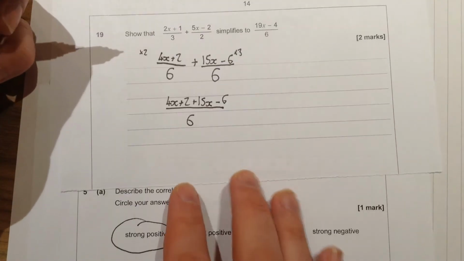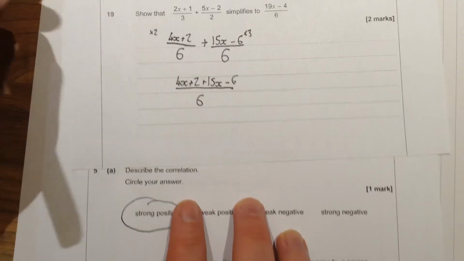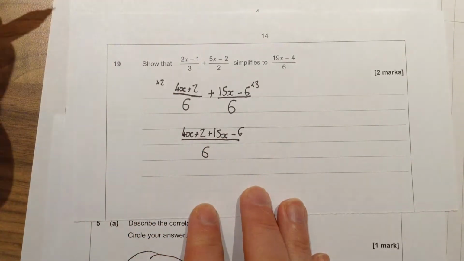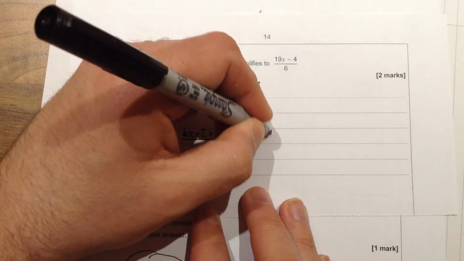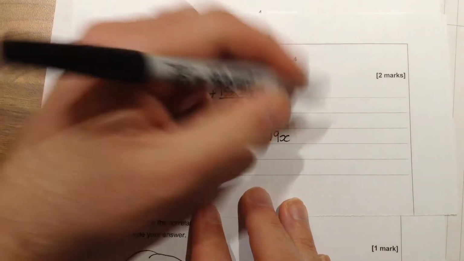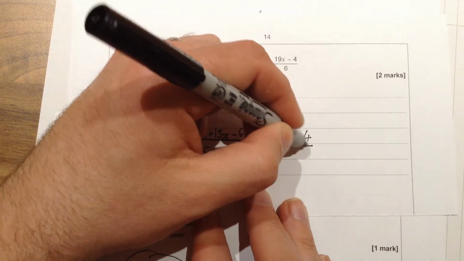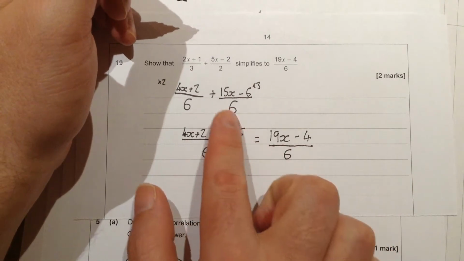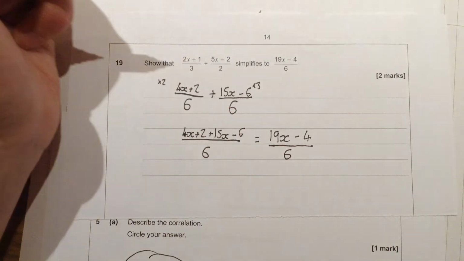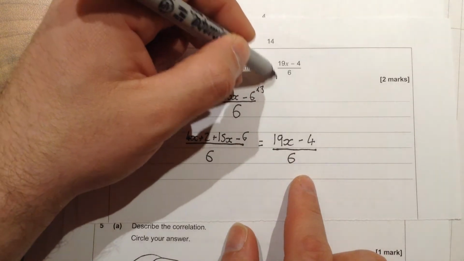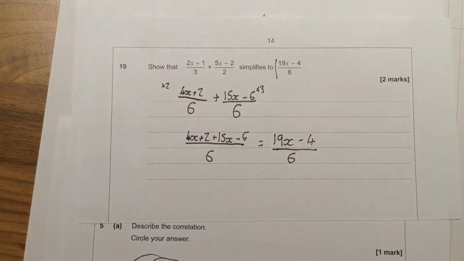Well, if you add those two together, 4x plus 15x is 19x. 2 take away 6 is minus 4, all over 6, because remember, when we're adding fractions, if the number at the bottom is the same, it stays the same. So 19x minus 4 over 6, that's exactly what it wanted us to show.